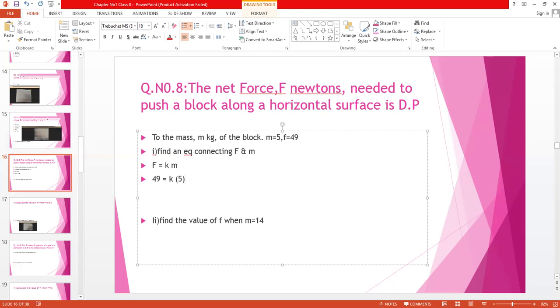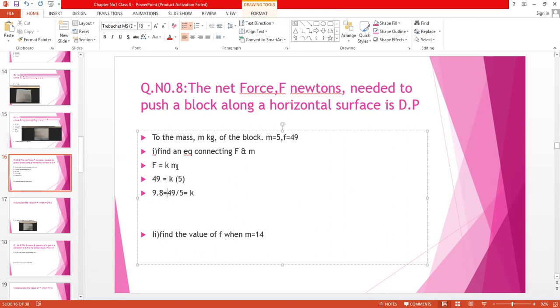So we have 49 divided by 5. So it's equal to 9.8. Am I right? 49 divided by 5 is the value of K, and I have to put the equality sign. So this is equal to 9.8. Check it, please. Is 9.8 the correct answer?